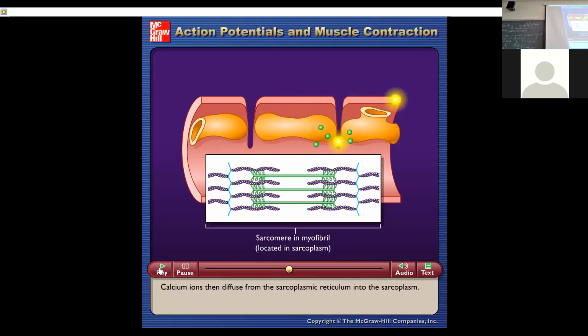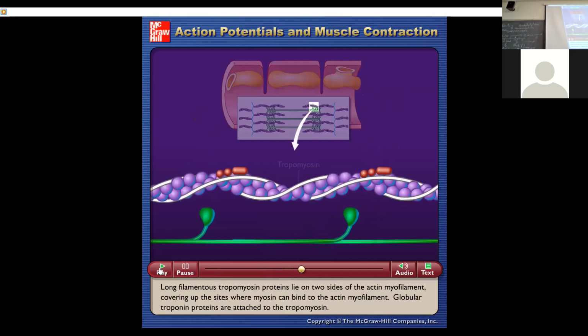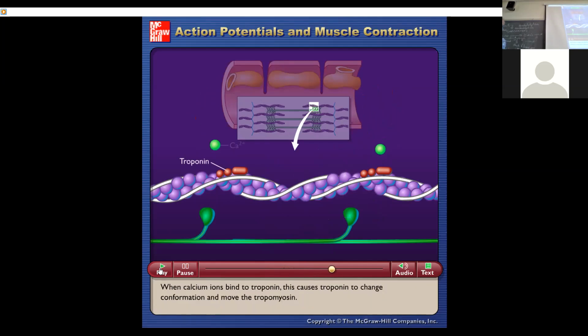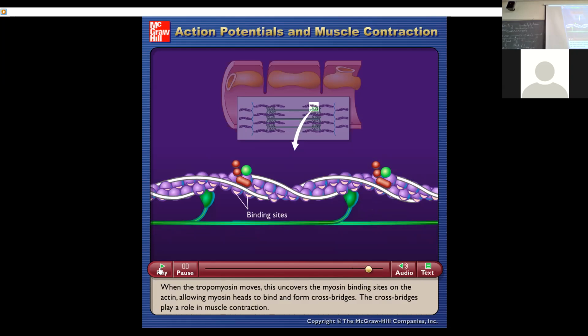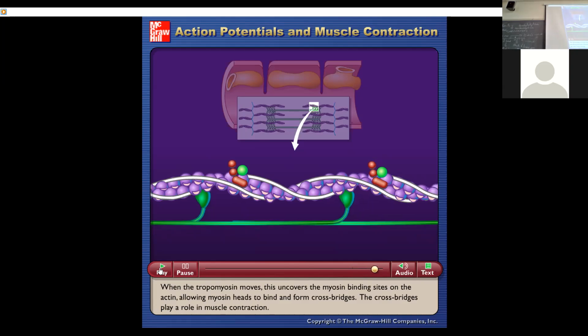Calcium ions then diffuse from the sarcoplasmic reticulum into the sarcoplasm. Long tropomyosin proteins lie on two sides of the actin myofilament, covering up the sites where myosin can bind to the actin filament. Globular troponin proteins are attached to the tropomyosin. When calcium ions bind to troponin, this causes troponin to change conformation and move the tropomyosin. When the tropomyosin moves, this uncovers the myosin-binding sites on the actin, allowing myosin heads to bind and form cross bridges. The cross bridges play a role in muscle contraction.